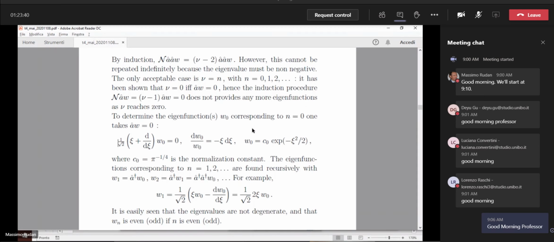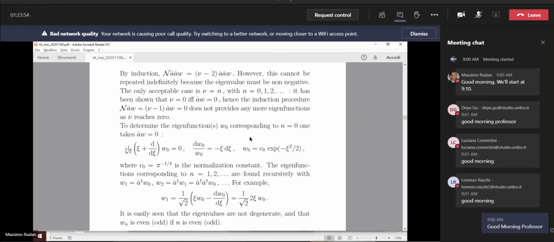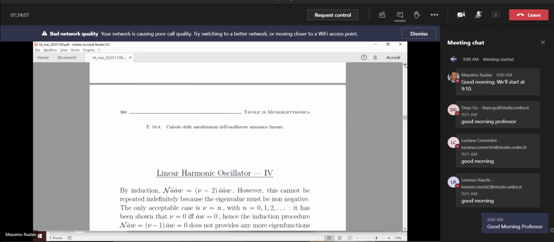The integral of a Gaussian is something that we are able to do. So eventually we find that the normalization constant C0 is equal to pi to the minus 1/4, okay? So we have found one eigenfunction, the eigenfunction corresponding to the minimum eigenvalue n equal to 0.